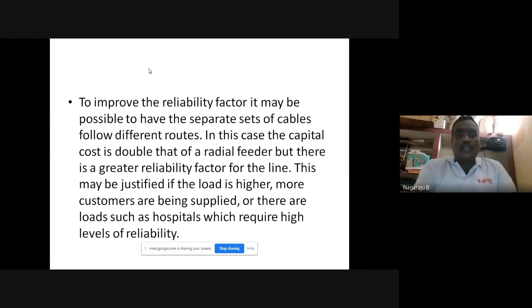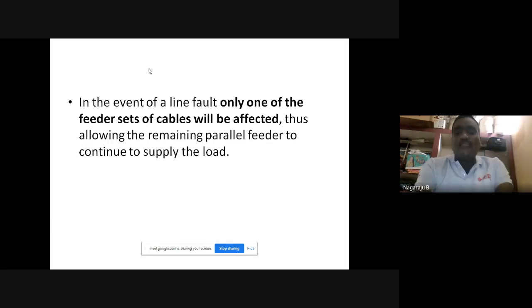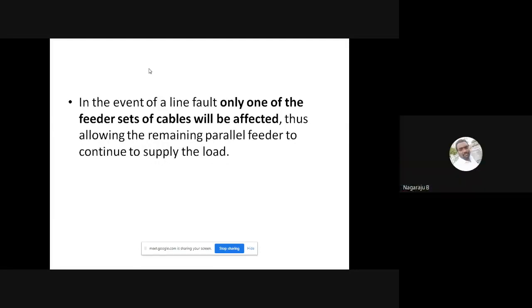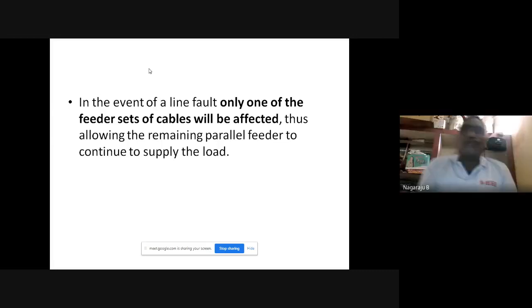So this is about one type of thing. And in the last one, if due to a fault any feeder is affected, automatically you have another way of power coming.